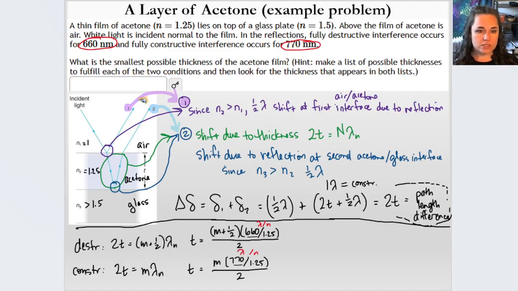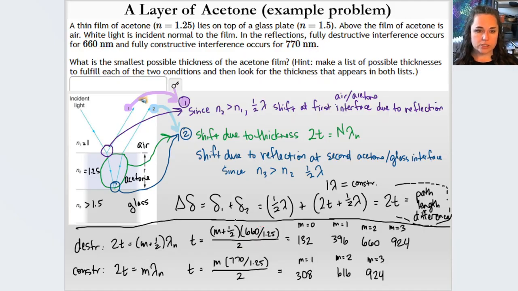And when I look at these numbers, there's all the calculations. I started with m equals 0. Notice with destructive interference, I can start with m equals 0. I cannot start with m equals 0 for the constructive interference because that's a thickness of 0. That's not interesting. We want a non-zero thickness.